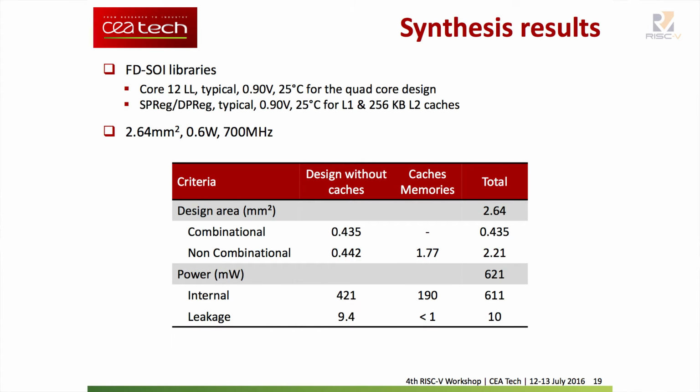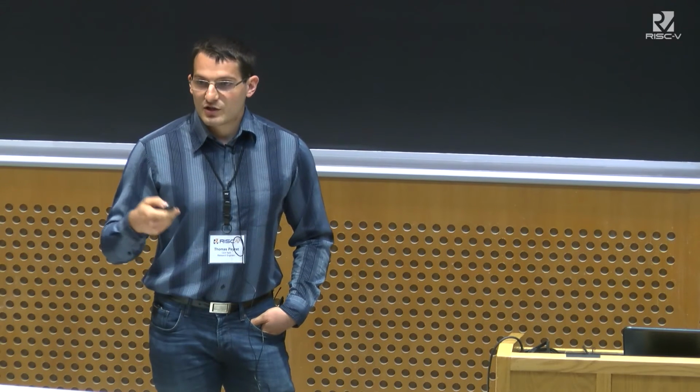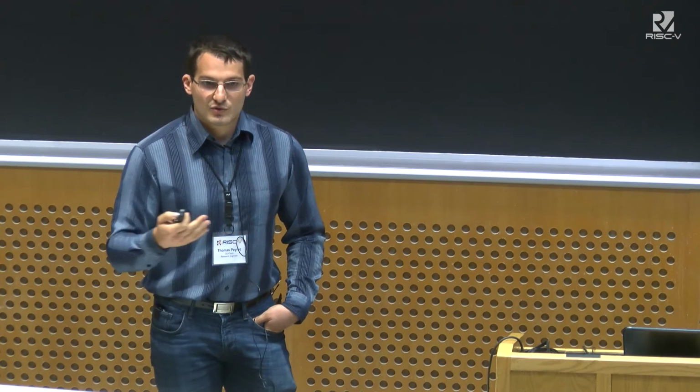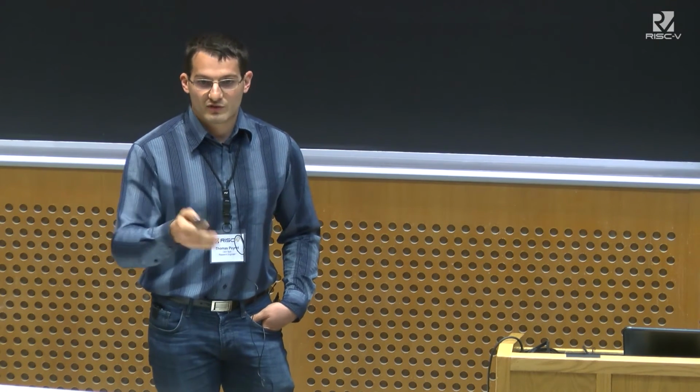We also synthesized Pulsar, the RISC-V part of Pulsar, in order to check whether or not we can make it on a real solution. And we have this figure: we were able to run at 700 megahertz with 4 cores, consuming only 0.6 watt. Having it in a European project, we will be able to make a real chip with Pulsar.